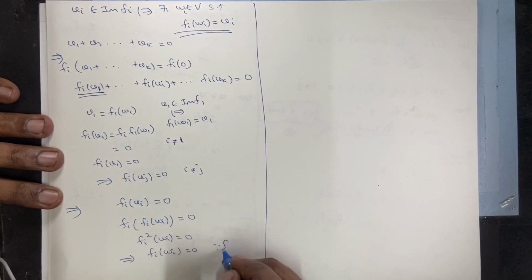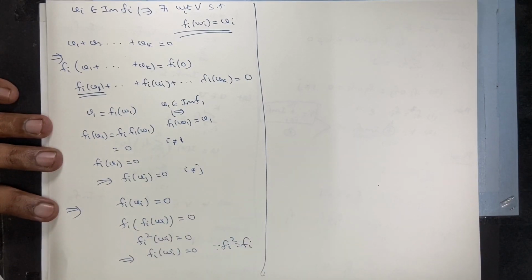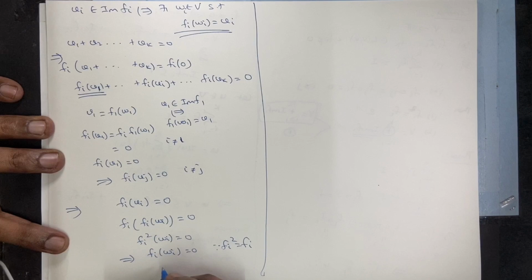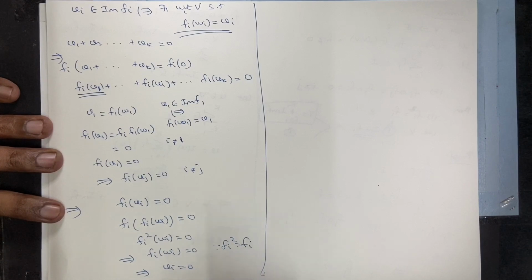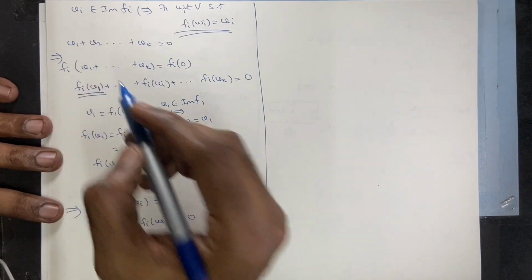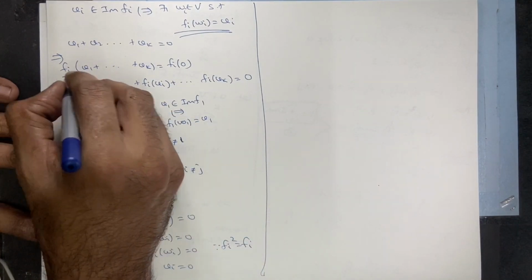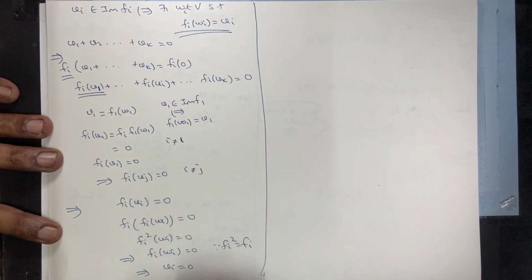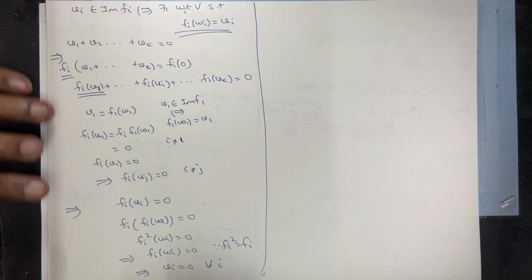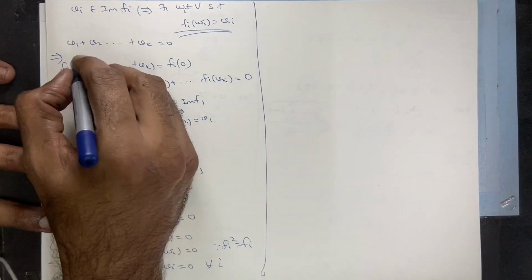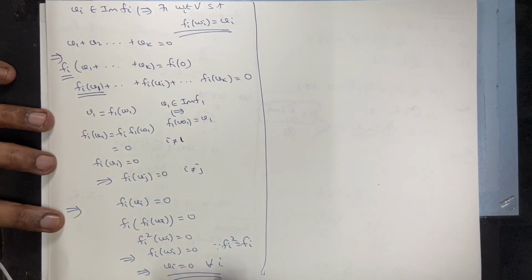And what is Fi of Wi? Fi of Wi is nothing but Vi, which is equal to 0. Hence what we have proved is Vi equal to 0, and this i is arbitrary, therefore Vi equal to 0 for all i.